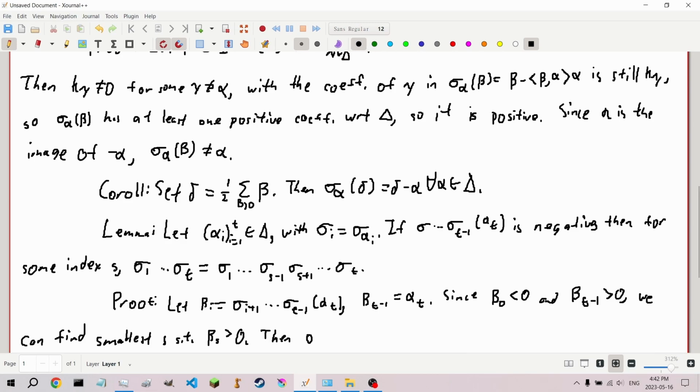Then sigma s of beta s, which is beta s minus 1, is going to be negative. So by the previous lemma, we have that beta s is equal to alpha s.